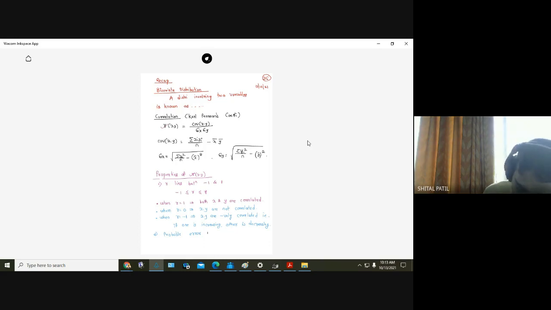Okay, probable error in r is, right, error equals 0.6745 times 1 minus r square divided by square root of capital N, where capital N equals n or summation of Fi.